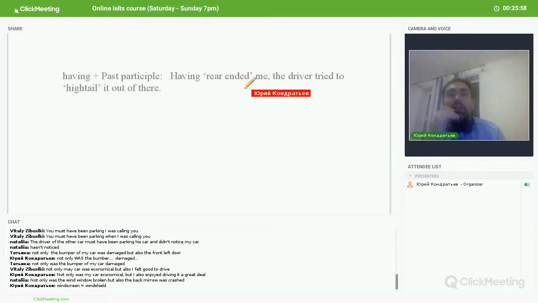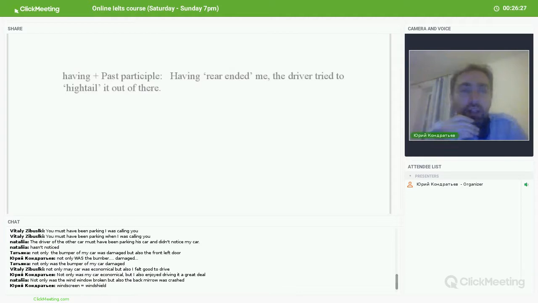For instance, and this is one method that you can use: if you don't know a formal word, but you only can use a spoken word, you can put this into inverted commas or quotation marks. And so it is not you who says it. It's like you quoting someone, and then it is okay. Just one method of using colloquial expressions in your essays and formal letters. So, having rear-ended me, the driver tried to hightail it out of there.